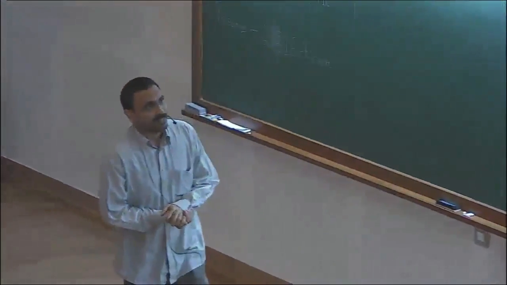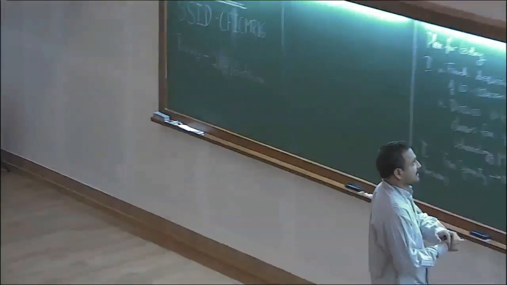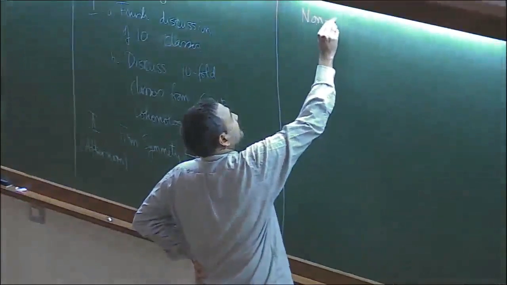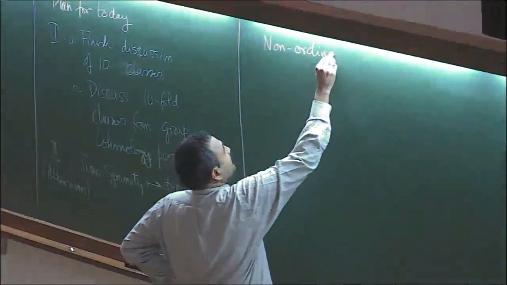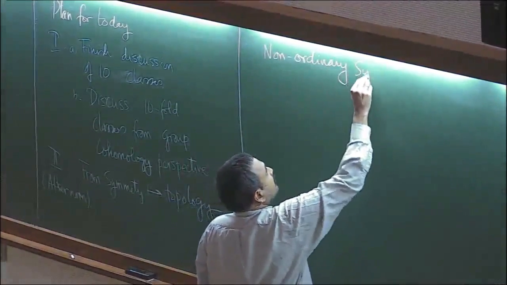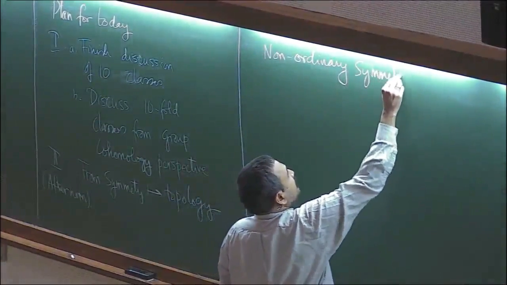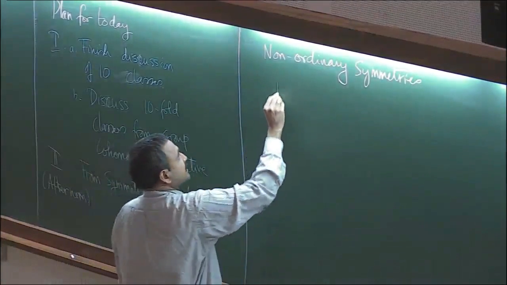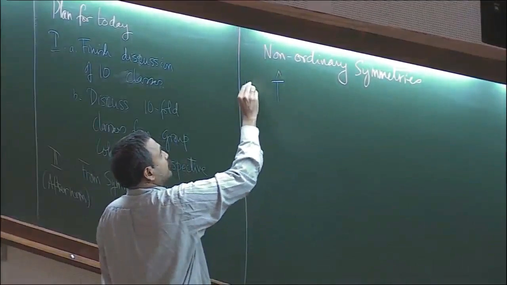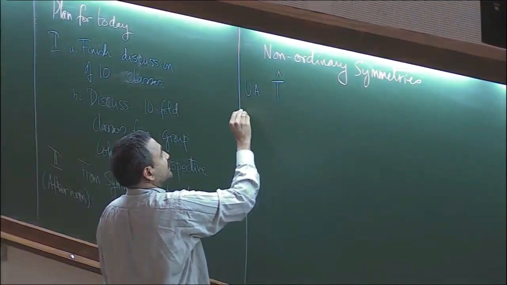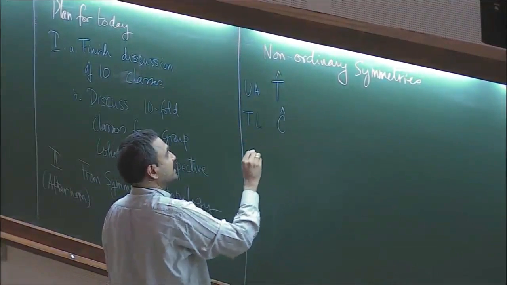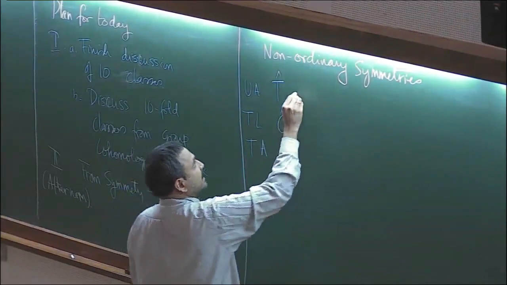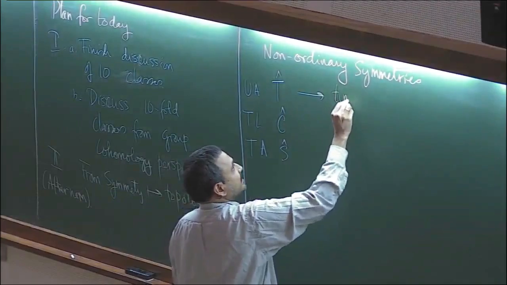Okay, so let me quickly tell you what I discussed last time. I said that there are these non-ordinary symmetries. So there is T, and this is what we call the UA symmetry, and there was a TL symmetry which we call C, and there was a TA symmetry which we call S. So this is time reversal.